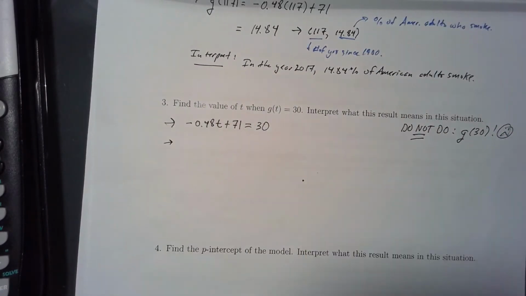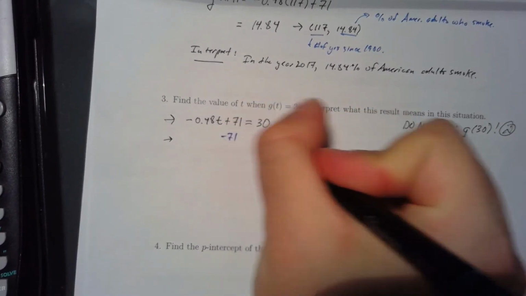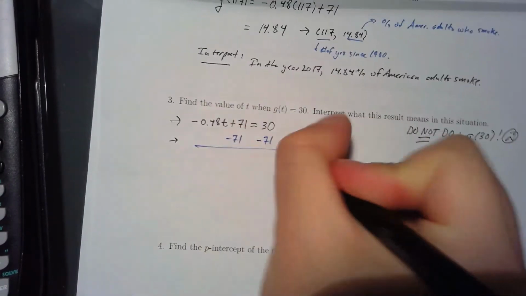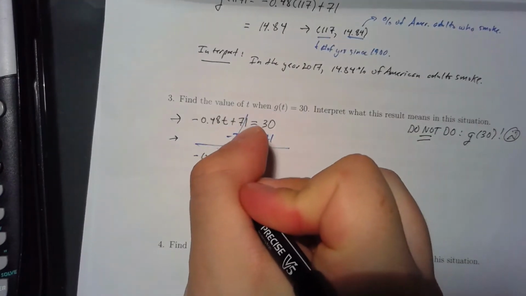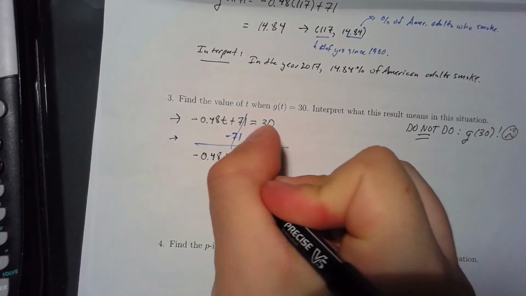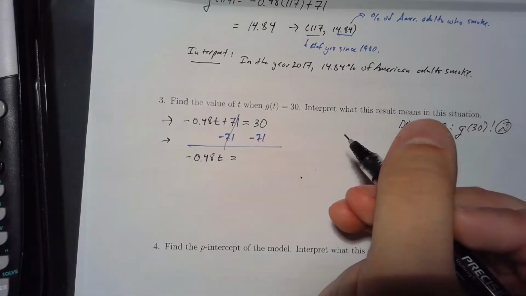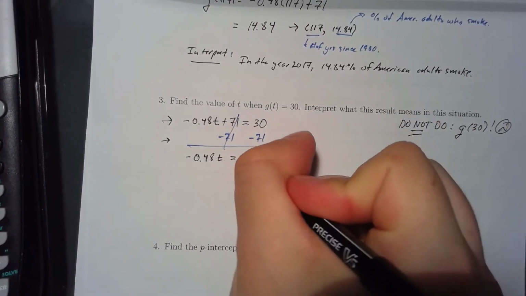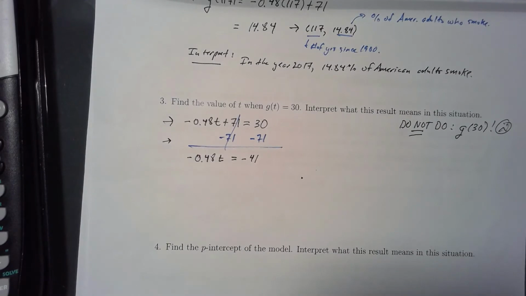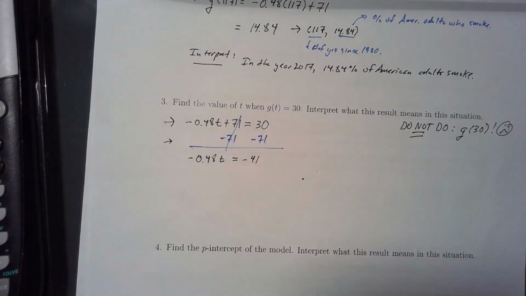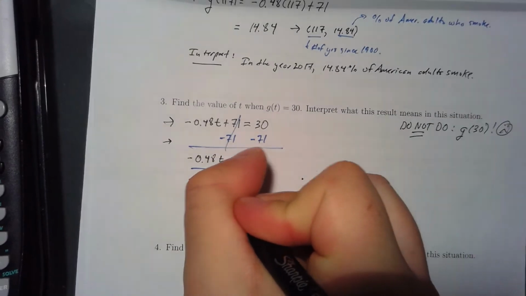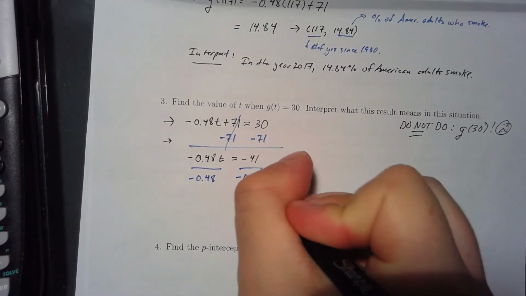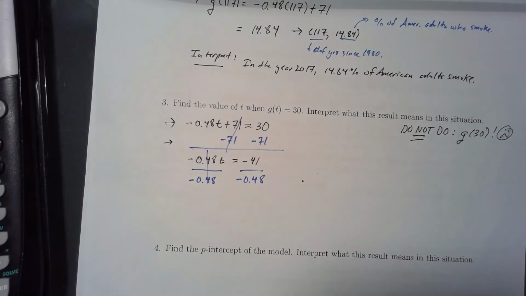So how do you do that? Subtract 71 from both sides. 30 minus 71 is negative 41. And now here you're going to divide both sides by negative 0.48. That'll get rid of that.